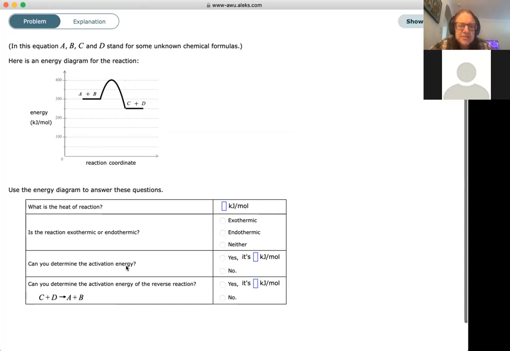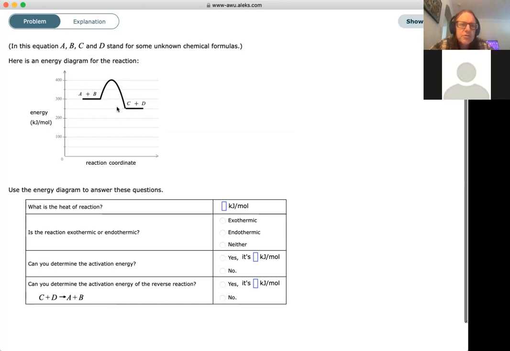Can you determine the activation energy? Absolutely, yes, you can. It's the difference in energy between the reactants and the peak. So that would be 100. You start here, 300, go up to 400, that's 100 change. It's going to be positive. Now, by the way, if I gave you the reverse reaction, we'll talk about reverse reactions in another section in the next chapter. We could go backwards. Suppose these were the reactants and these were the products.